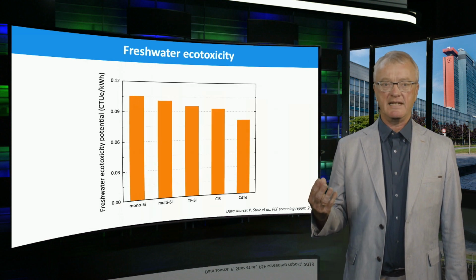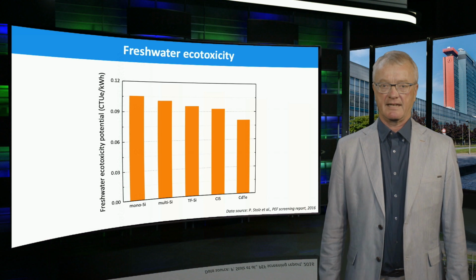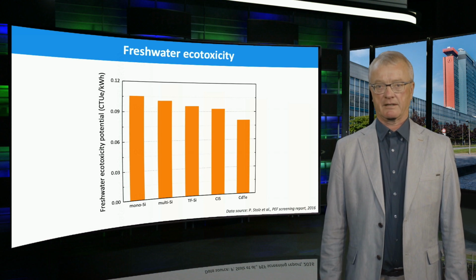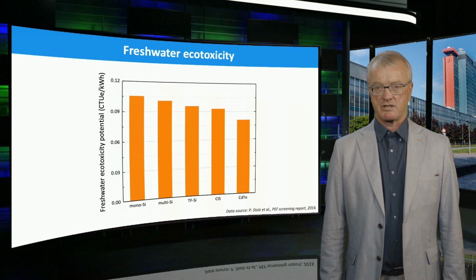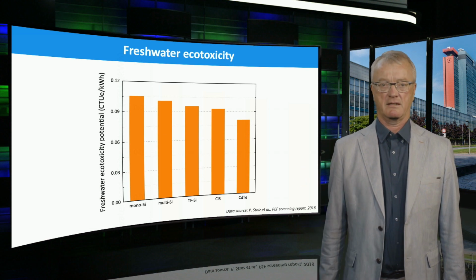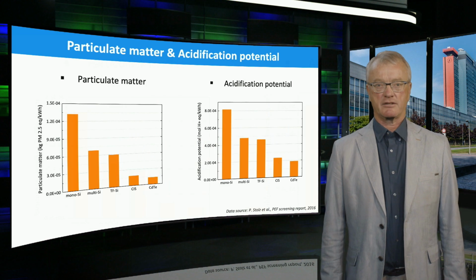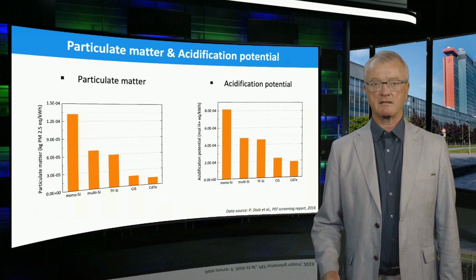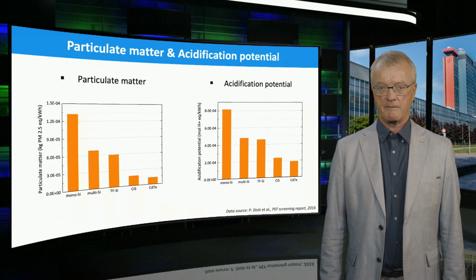Regarding the freshwater ecotoxicity, the calculated data from different PV technologies are comparable, but still the cadmium telluride case shows the lowest effect. The last 2 factors are particulate matter and acidification potential.